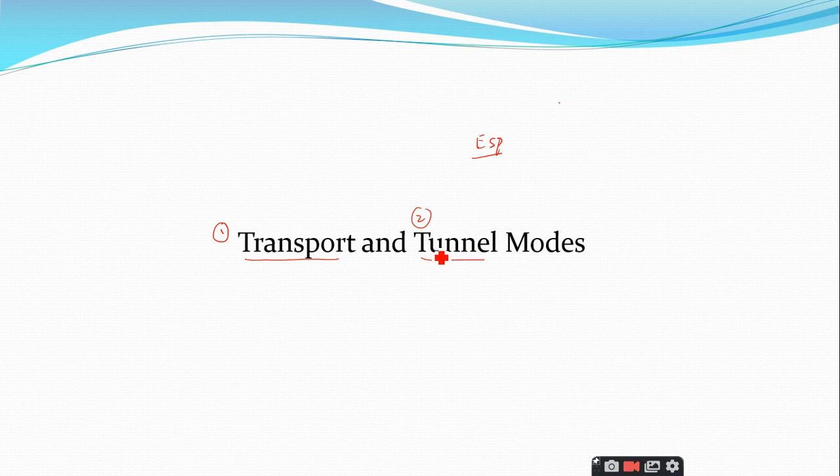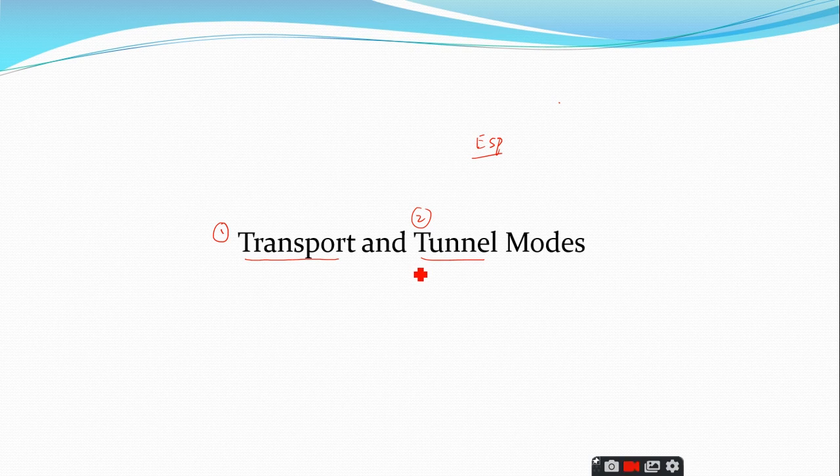So, this is how we are going to discuss. First of all, we will discuss how the transport mode is going to work. We will see different steps that are involved in the transport mode, and then we will go through the tunnel mode, where we will discuss one particular scenario where an external host is going to transmit the data from the source to the destination, and how it is going to do so in the tunnel mode.